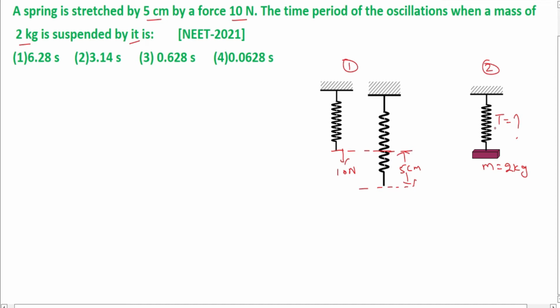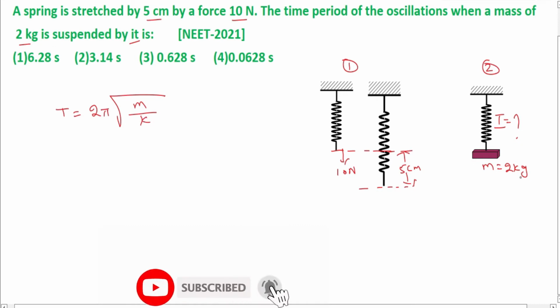We know the formula for time period: T is equal to 2 pi root m by k, where small m is the mass hung to the spring and k is the spring constant. We know the value of m, but we don't know k, the spring constant. To calculate k, I'll use case 1.